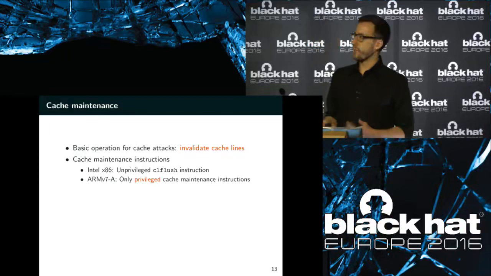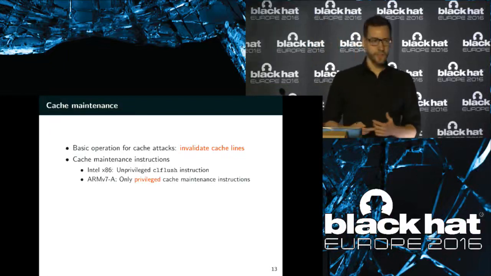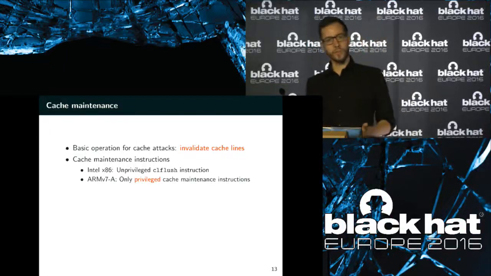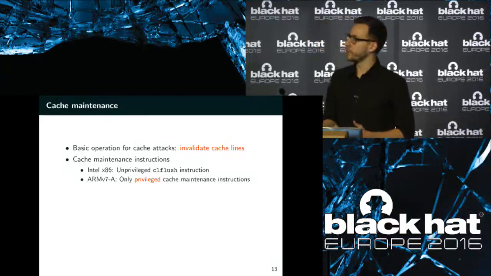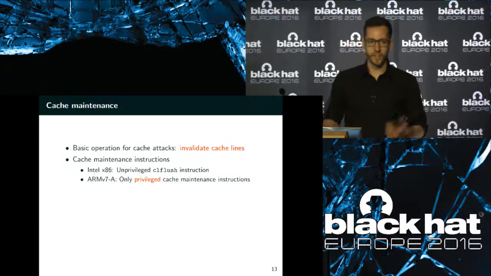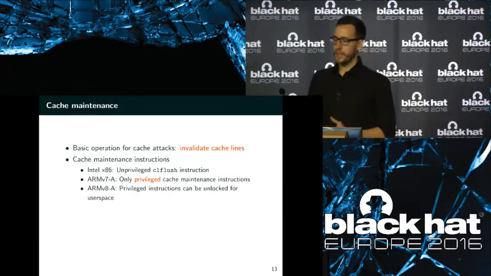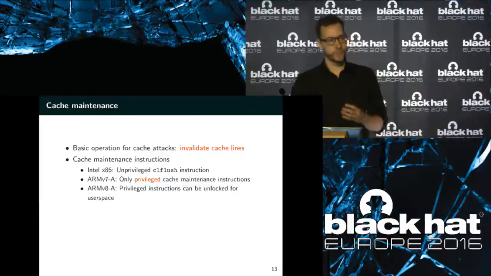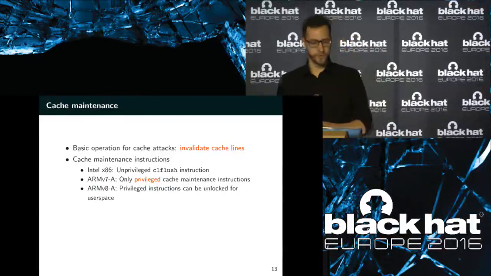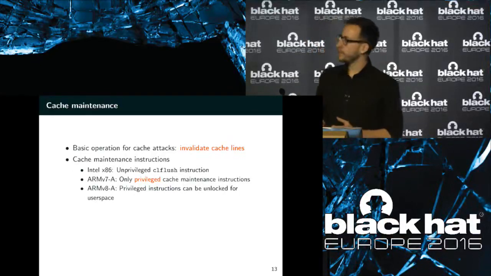On the other hand, on ARMv7, while we have such cache maintenance instructions, we can't use them because they are privileged. And they need a kernel module to be unlocked for user space. And this is not the case normally. In addition, on ARMv8, we also have privileged instructions, but 4 of them can be unlocked to user space entirely.